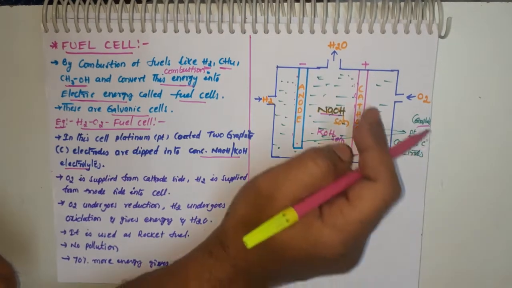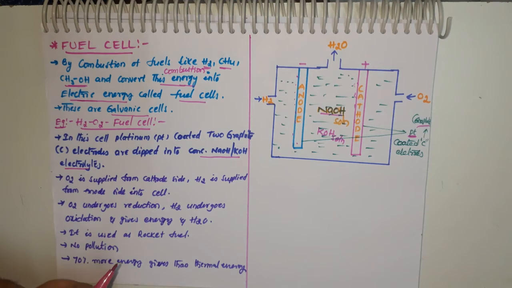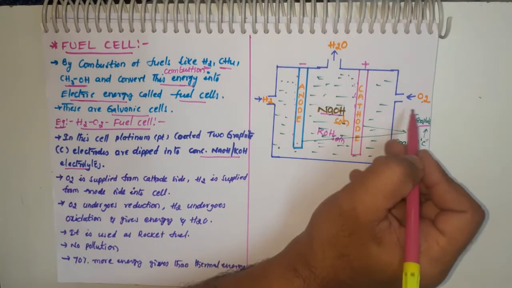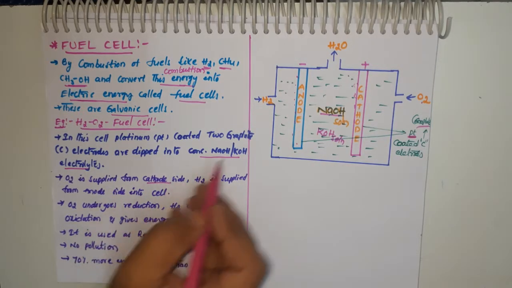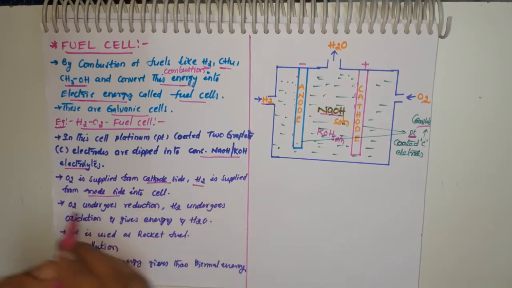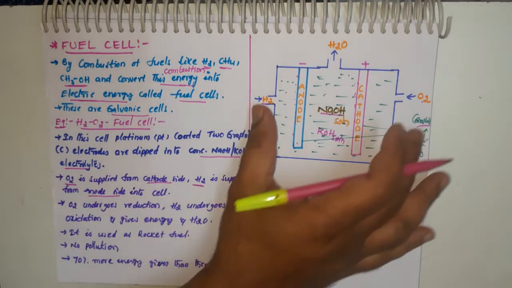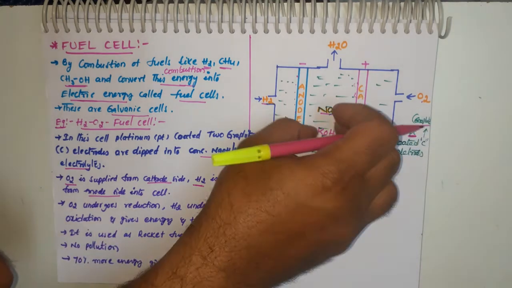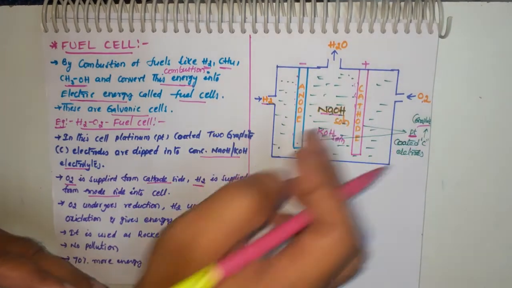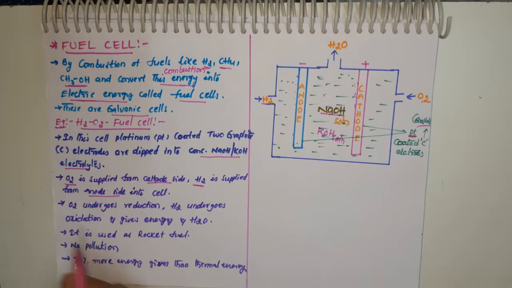Why are platinum coated electrodes dipped in this electrolyte? This platinum acts as a catalyst. Oxygen is supplied from the cathode side and hydrogen gas is supplied from the anode side. Oxidation and reduction reactions occur at the electrodes.